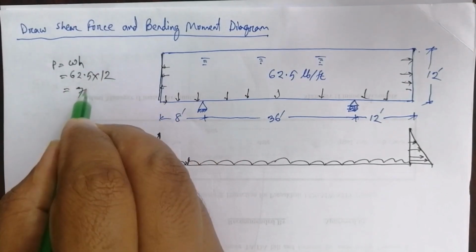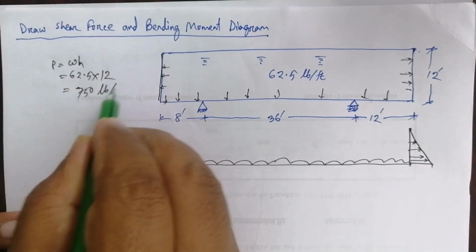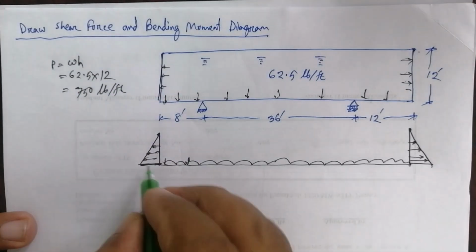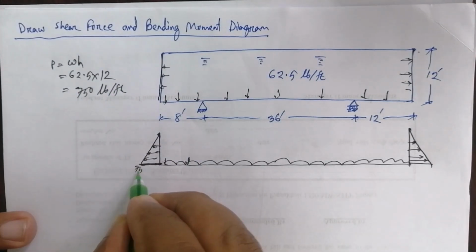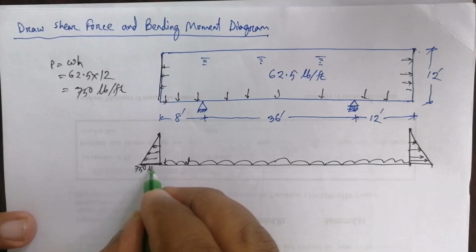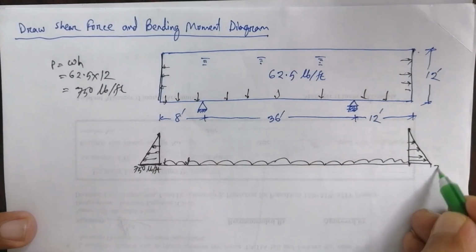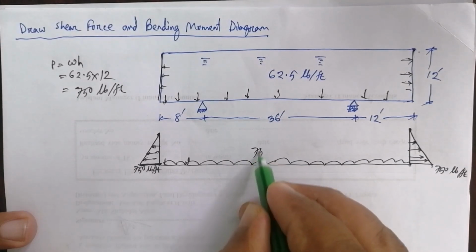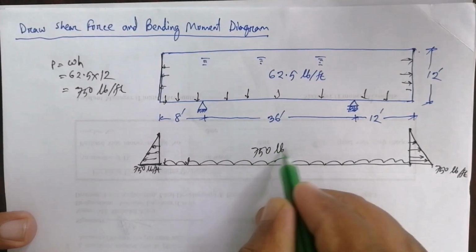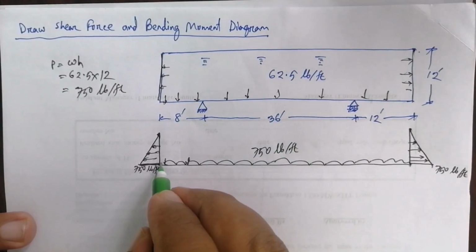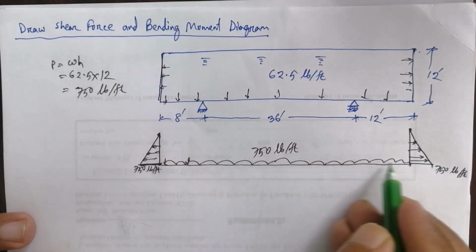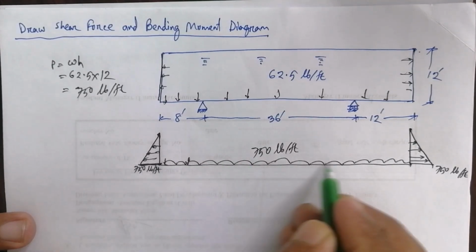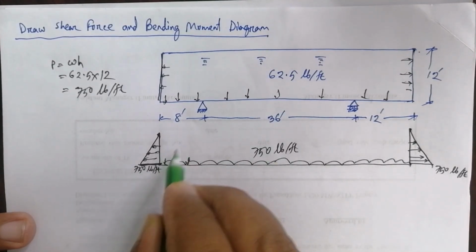So it is 750 pounds per foot. So here is 750 pounds per foot, 750 pounds per foot. Also the distributed load is 750 pounds per foot, because throughout this beam all of it has 12 feet height of water.